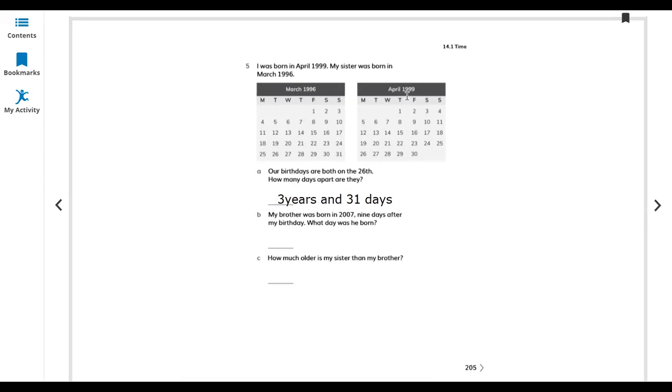2007, and here 1999. Okay, so until 2007, it's 2000 and 2007, 8 years. Okay, after 8 years, which date are we going to? 9 days.